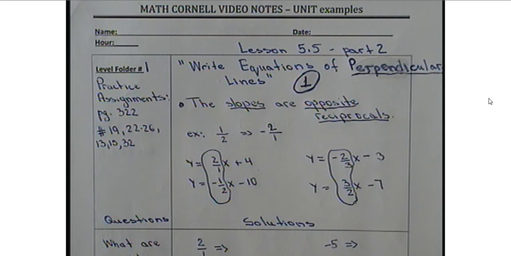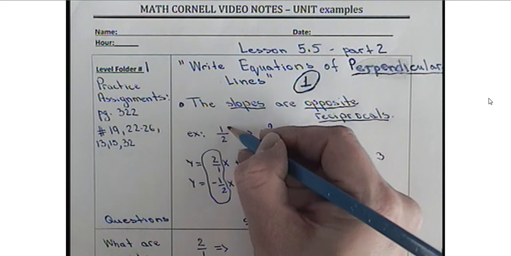So the difference today, when we talk about perpendicular lines, is that you have to remember the slopes will be opposite reciprocals. So what do we mean by that? I started with a very basic example just to remind you that the reciprocal of 1/2 will be 2/1. So basically we're flipping those two numbers.